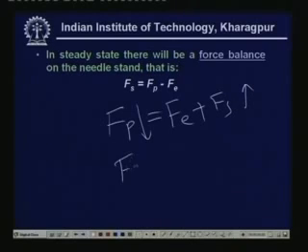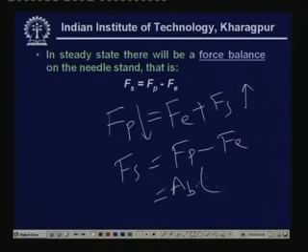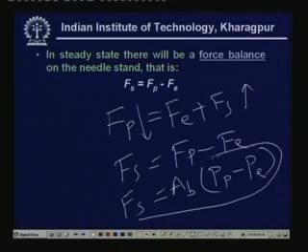Okay, so that means Fs is equal to Fp minus Fe. Okay, and this you can write in terms of AB, that is bellows area, into pressure acting on the bellows due to the power fluid, minus evaporator pressure PE. Okay, so at steady state finally you have Fs is equal to AB into Pp minus Pe.